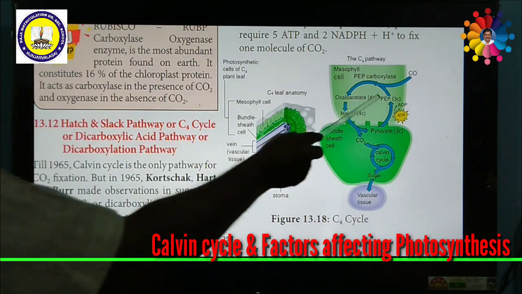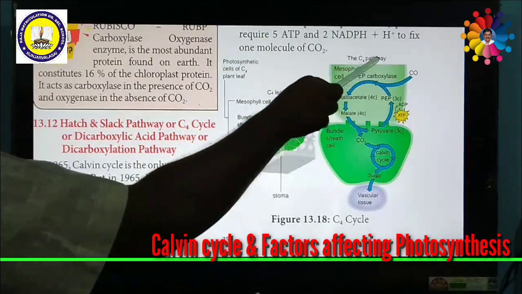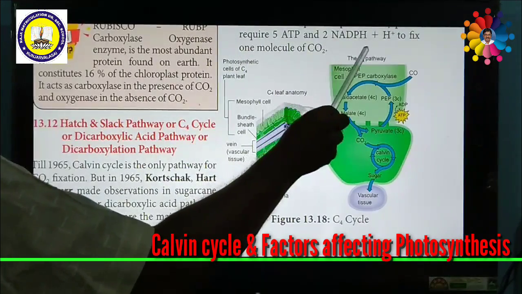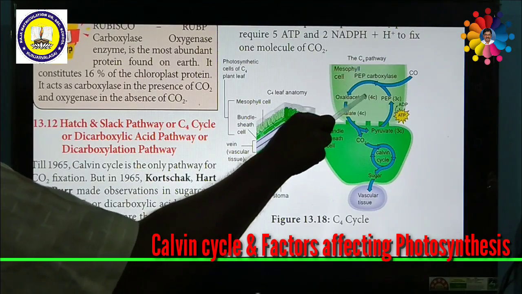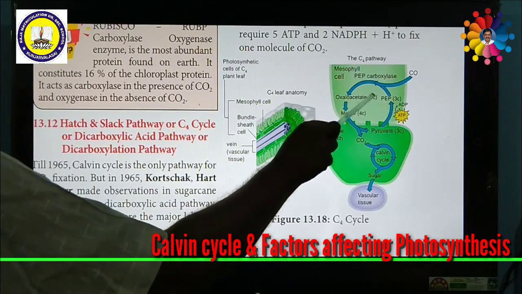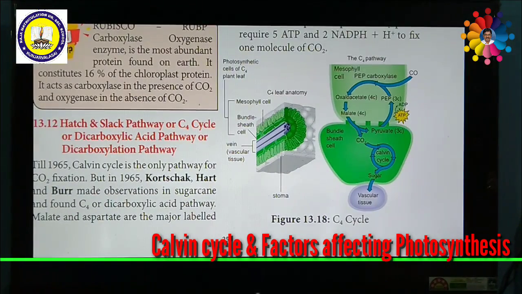So PEP is absorbing carbon dioxide from the atmosphere in mesophyll cell with the help of PEP carboxylase to produce oxaloacetic acid. This is the first stable product. It is a 4 carbon compound. That is why this is called a C4 cycle.